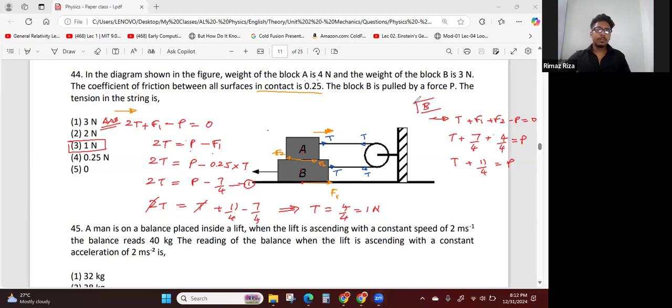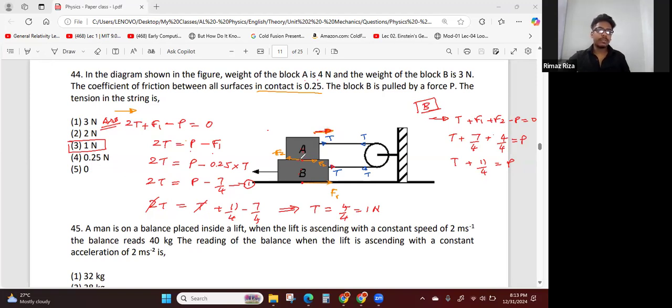If you consider the block B, the forces acting on it are T, the tension from the string, in this direction to the right, and then friction F1 is also to the right. Here the friction is also to the right, because this string pulls the A block to the right.